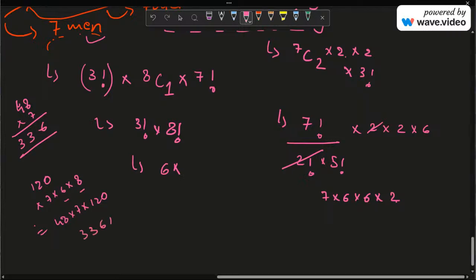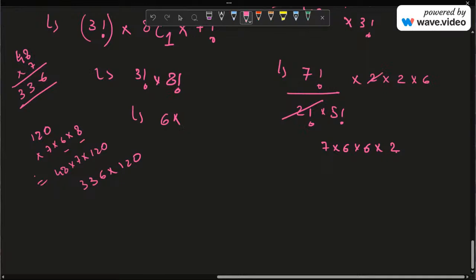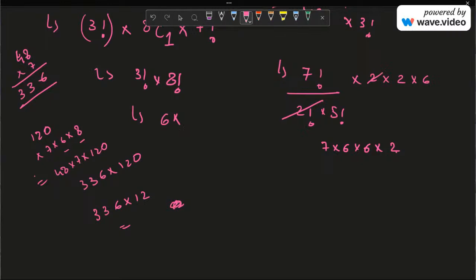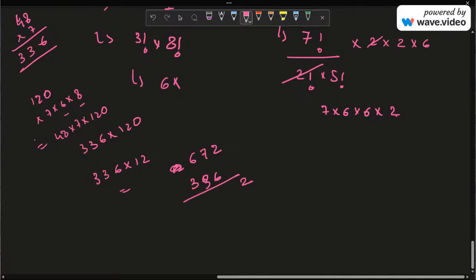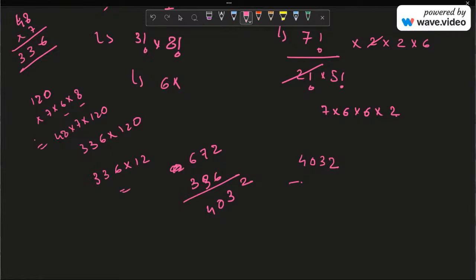Now 336 into 120, whatever that will be, we have to subtract. 336 into 12 is 4032. So my answer is actually coming way less.